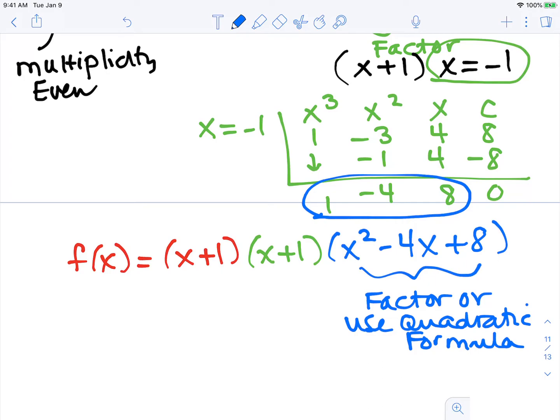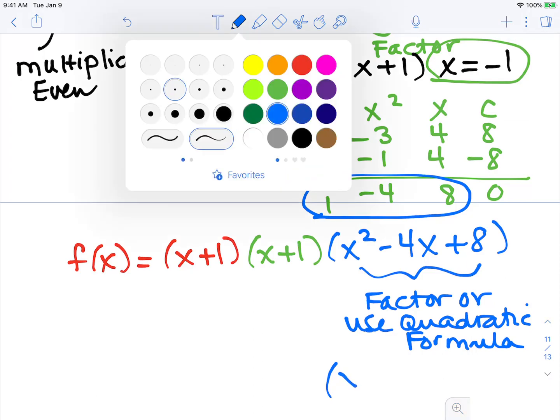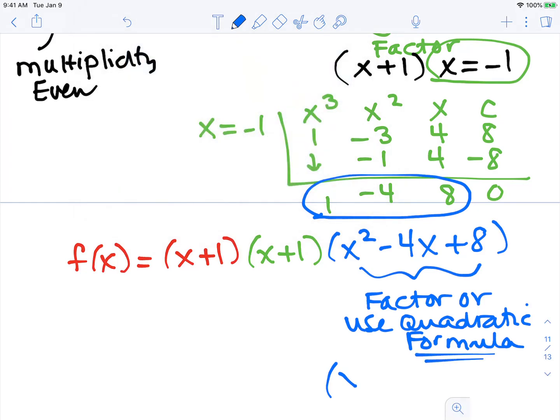So are there factors of 8 that add to -4? To think about factoring 8, you could do 4 times 2, -4 times +2. So those are not factorable, so we'd have to then use the quadratic formula.